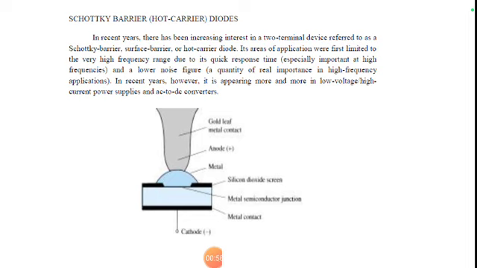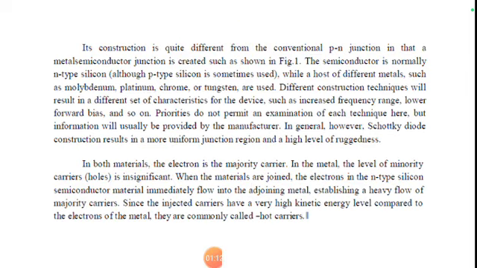You can see the cathode terminal, the metal contact, the metal semiconductor junction, and above it a silicon dioxide layer, and above that a metal with a golden metal contact. Its construction is different from the conventional PN junction. This Schottky diode has a metal semiconductor junction, and it is normally doped with N-type silicon.